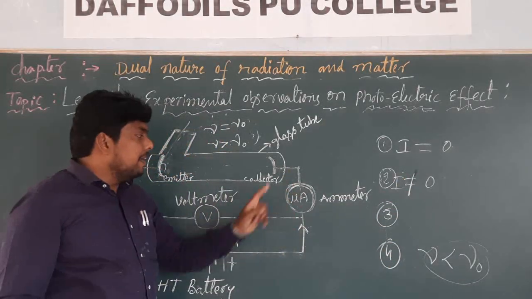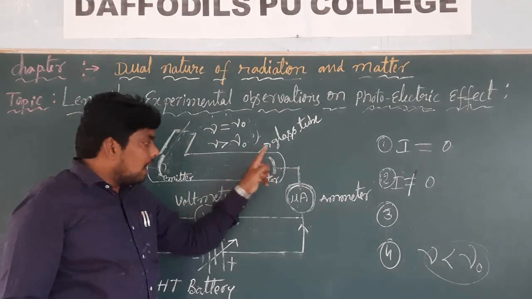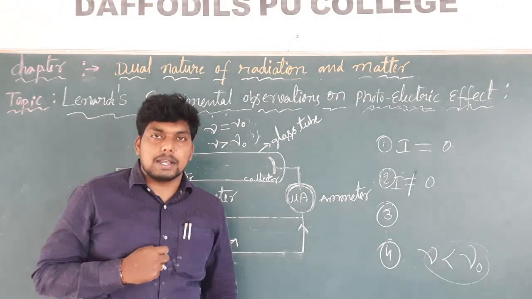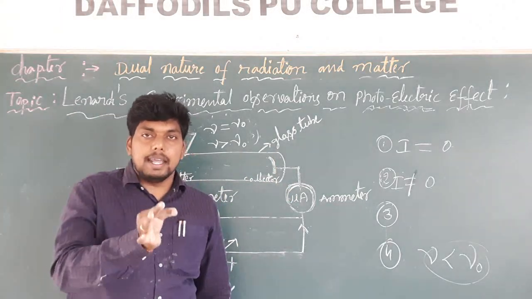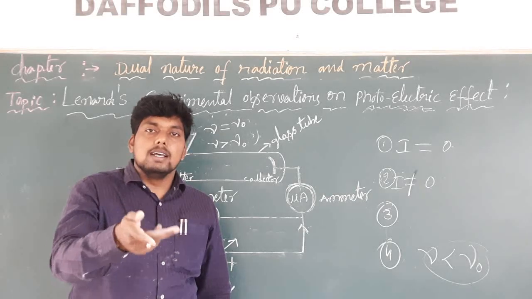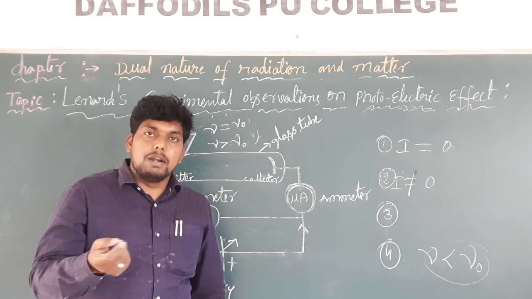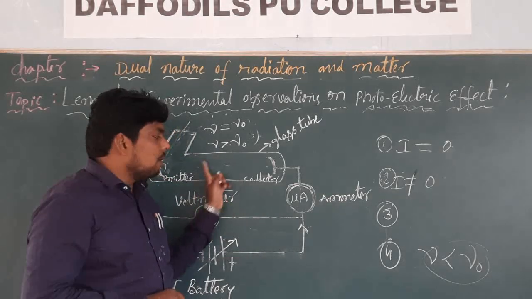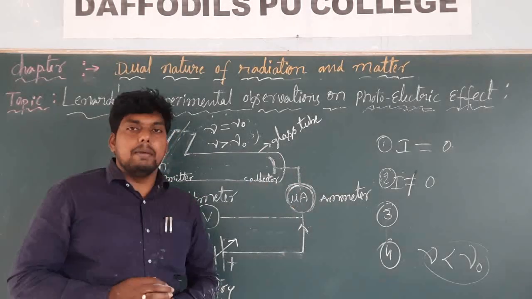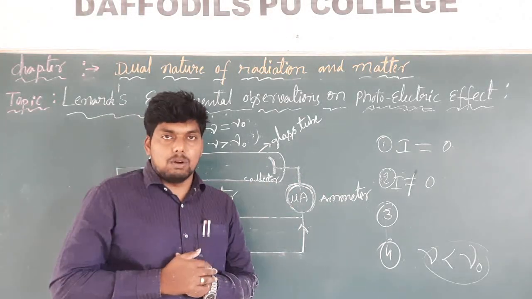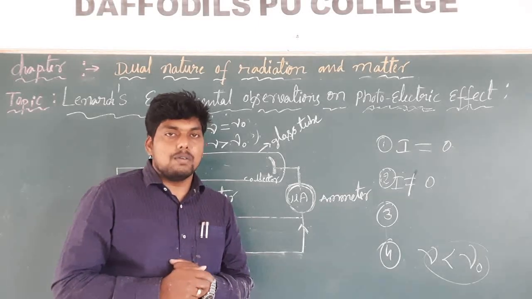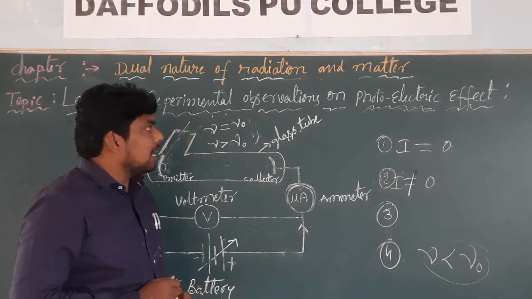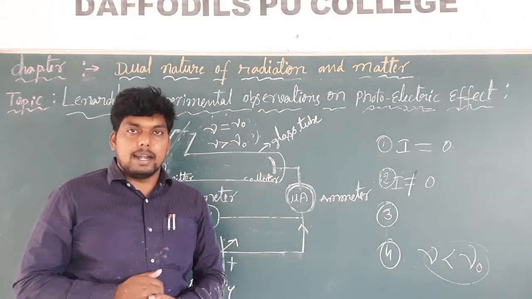Then only there will be emission of electrons and flow of current in the circuit. If there is radiation of frequency more than or equal to the threshold frequency, then only there will be electric current in the circuit. This is the conclusion of Lenard's experimental observations on the photoelectric effect.